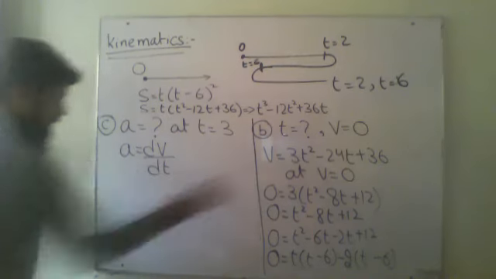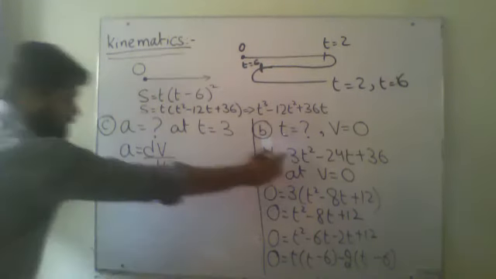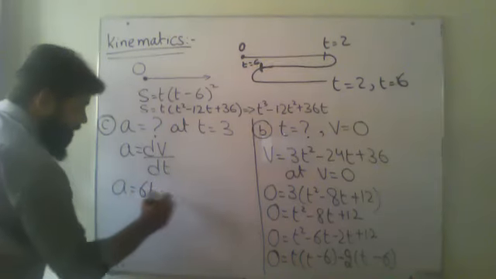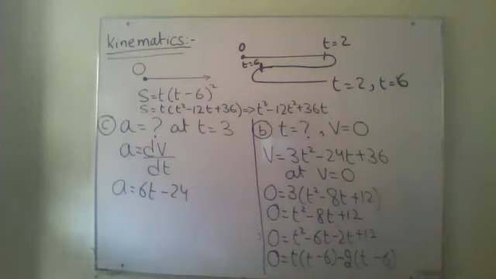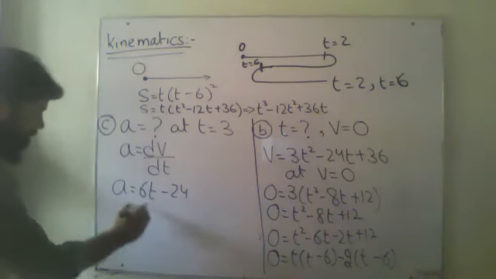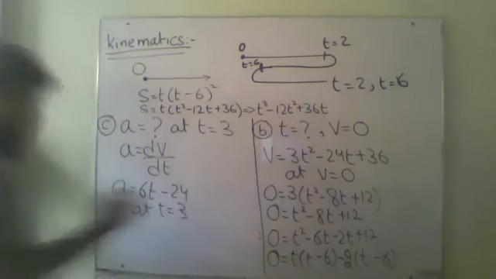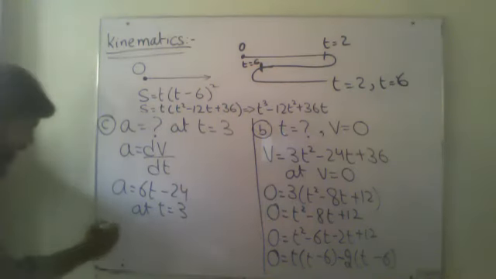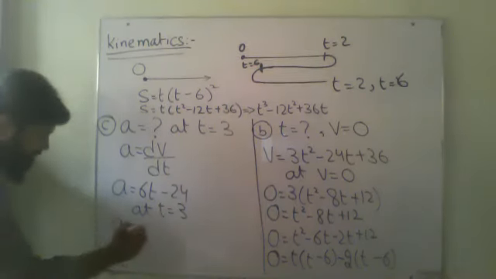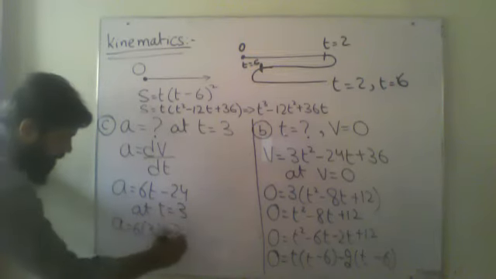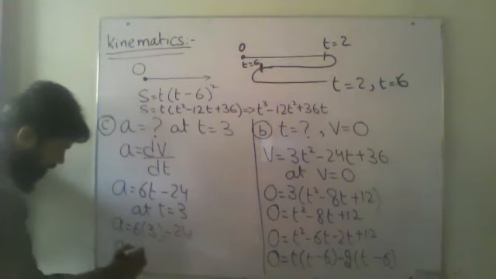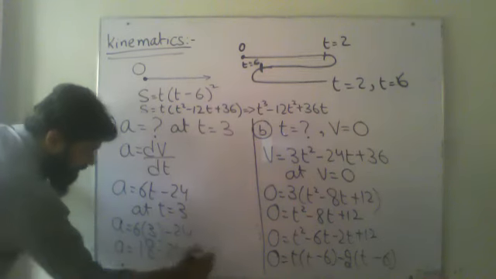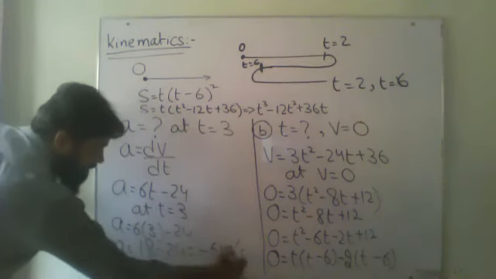So this is v, differentiating it, we get 6t minus 24. The differentiation of 36 will be 0. Okay, at t equals 3, a equals 6 into 3 minus 24, that is 18 minus 24. The answer is coming minus 6 meters per second square.